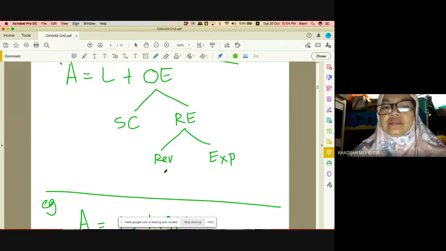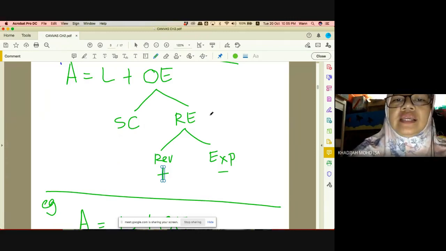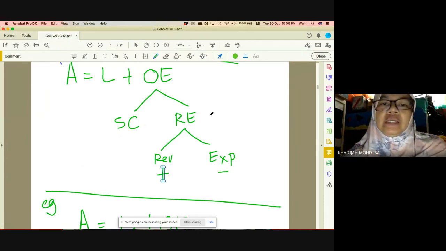Revenue, because revenue is like profit. We put revenue as plus. Expenses is something you have to pay, so it's negative. So whenever you have revenue, you increase your retained earnings. When you increase your retained earnings, your OE also increases.